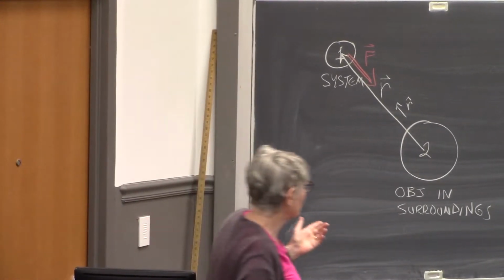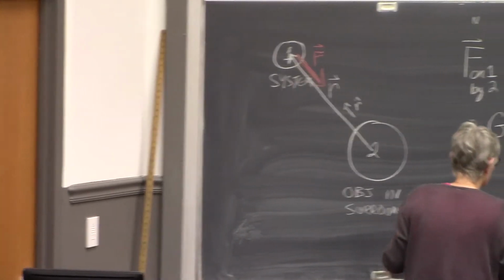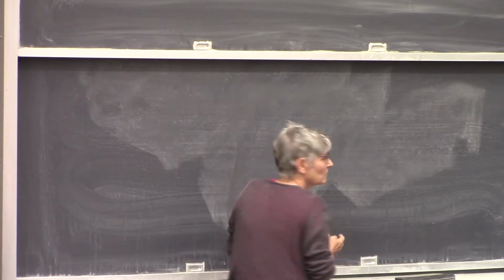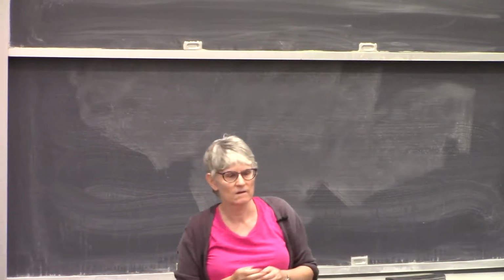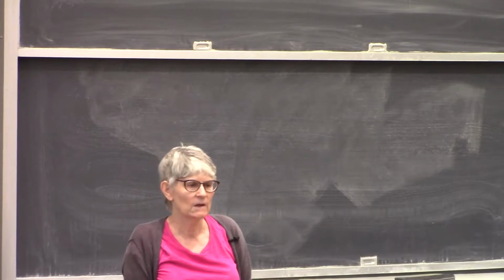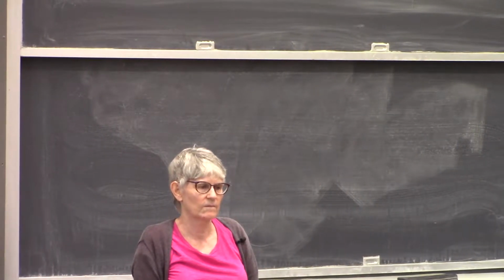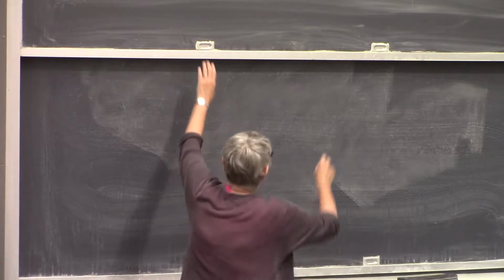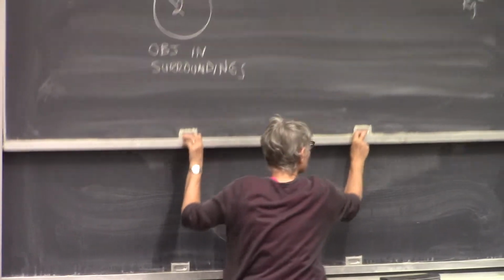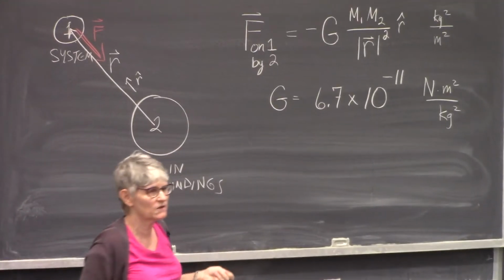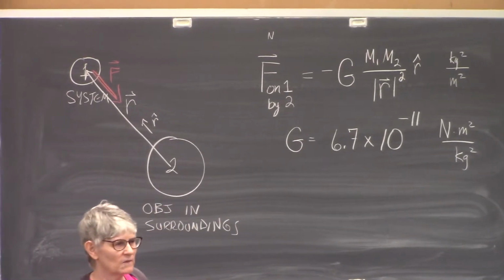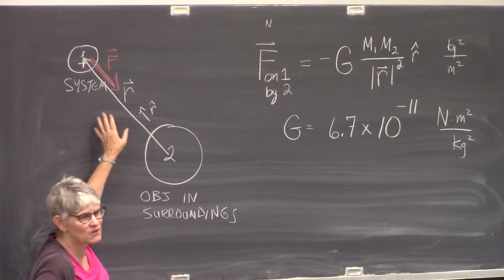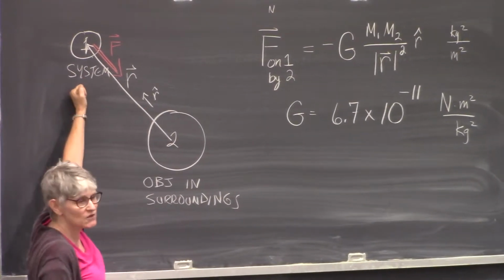So, questions about this. We're going to spend today working with this. Yes? So the net force on the system is the force of the object on the system? That's a good question. The question is, is the net force on the system the force due to this object in the surroundings? Yes, we've defined a very simple situation here where our system is the thing of interest.